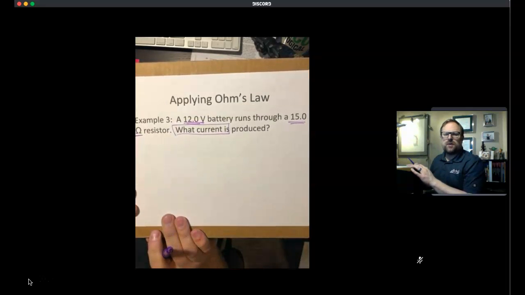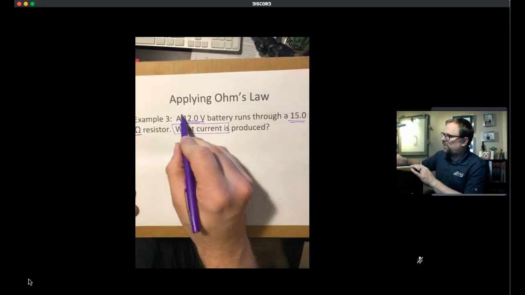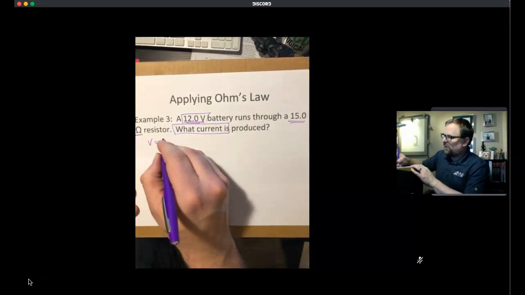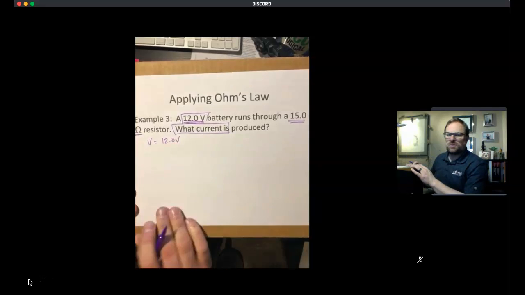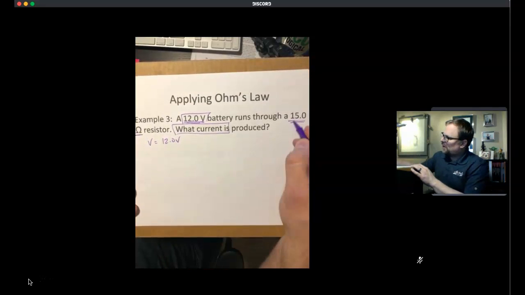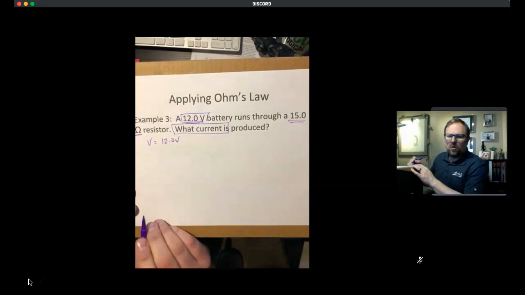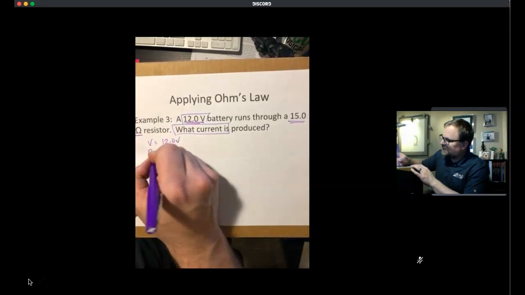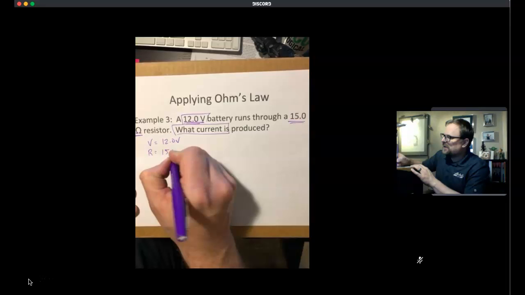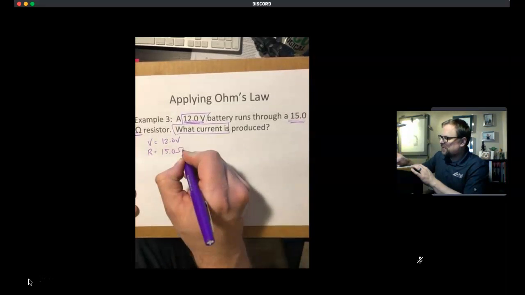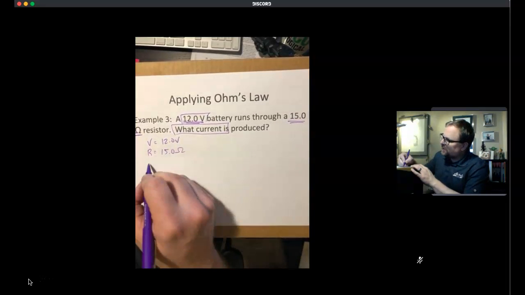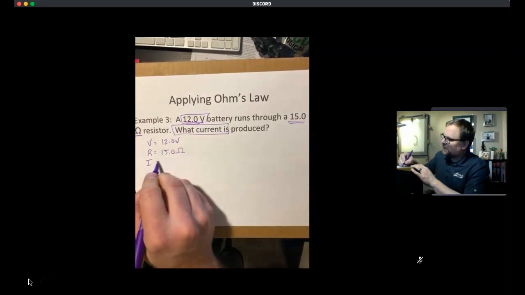So we've got all the stuff we need to know. This is our volts, or voltage, 12 volts. Here 15 ohms. Ohms is the measurement of resistance, so it's going to be 15 ohms. And then lastly, we're asked to figure out what is the current.